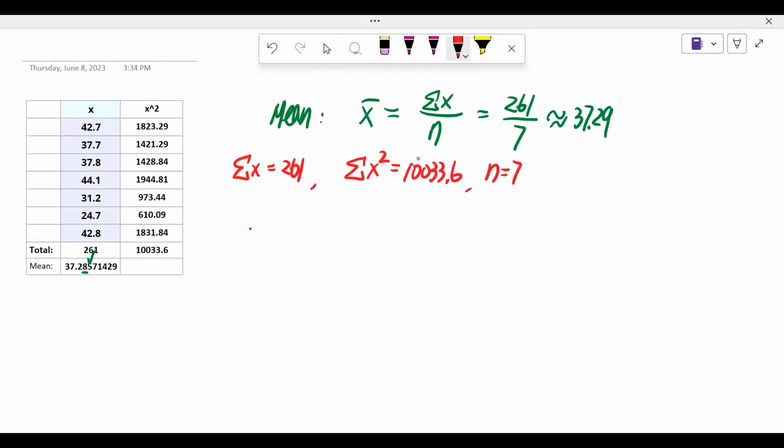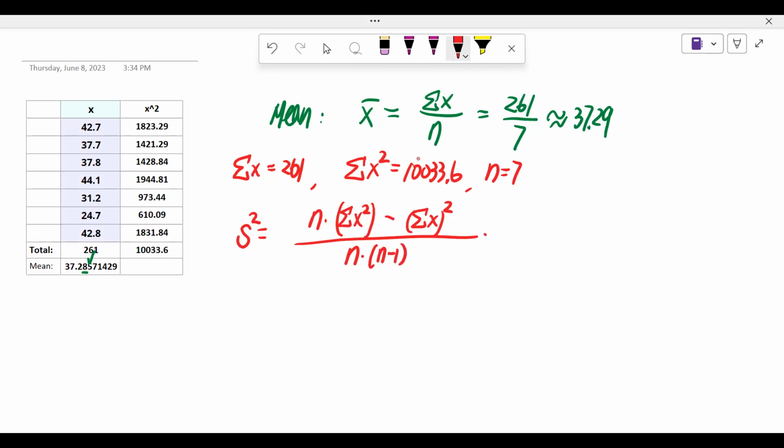On the standard deviation formula, if you want to get to the variance, variance is s squared. So that means it's n times the total of x squared, before you take the square root, that's the variance, minus the total of x squared over sample size times n minus 1.